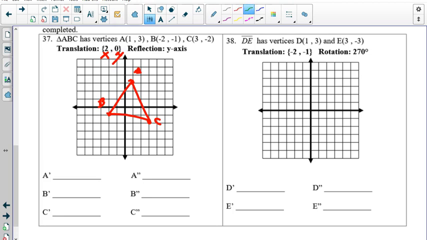So it's literally just moving 2 spaces to the right. So here's A prime, C prime, and B prime. Let's write those down. A prime is at 3, 3. B prime is at 0, -1. C prime is at 5, -2.